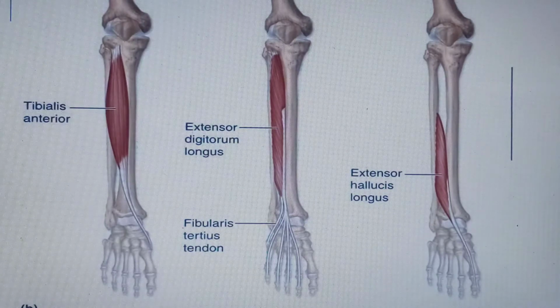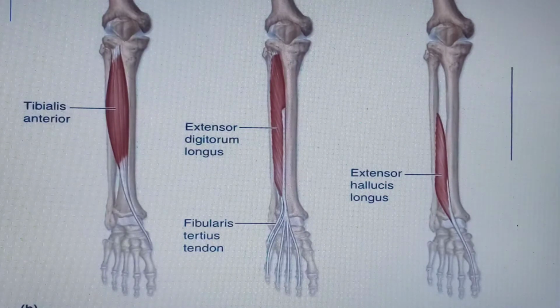Now I told you that these muscles in the anterior compartment of the leg will help in inversion of the foot, so that the medial border of the sole of the foot orients inwards.